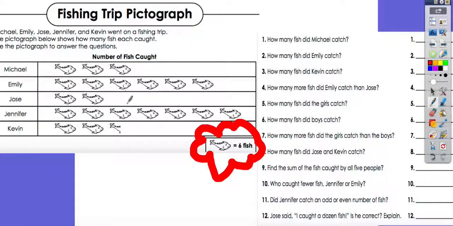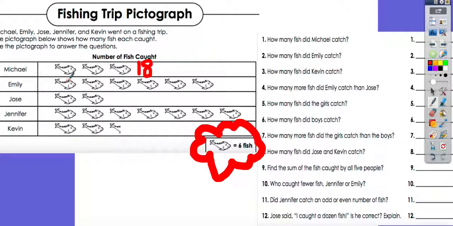So let's label each of our fish just like we do for all our other graphs. Let's label this fish. Let's go 6, 12, 18. Remember our song? 6, 12, 18. So Michael caught 18 fish. Not 3 fish, but 18 because each picture represents 6 fish.